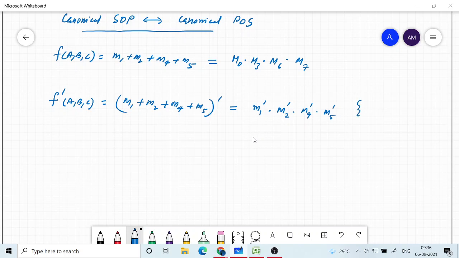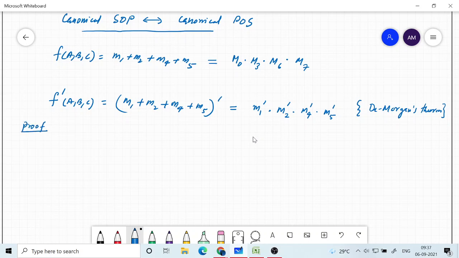We proved it for two variables, but the same thing can be proven for multiple variables. It is not tedious also. All you need to do is take m2 plus m4 plus m5 and treat it as just one variable, and then you write m1 dash dot m2 plus m4 plus m5 the whole dash.